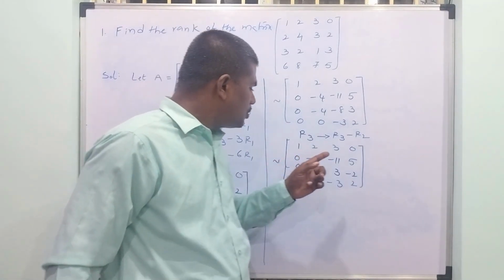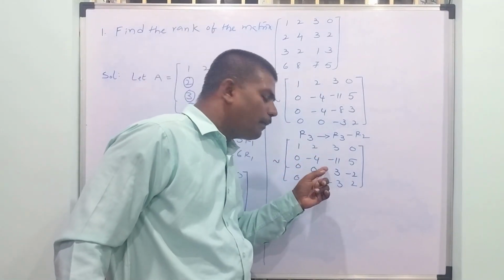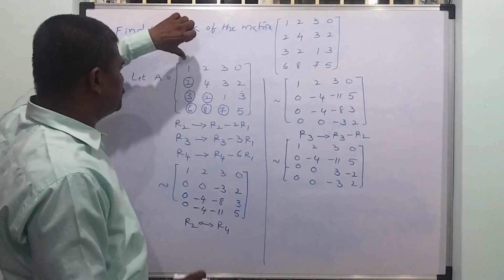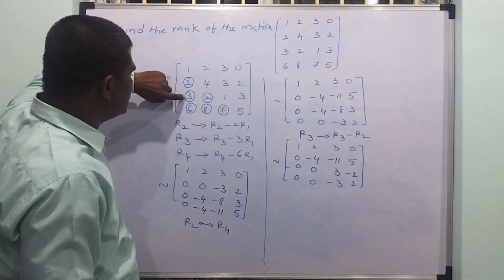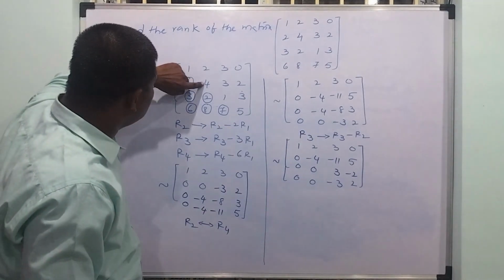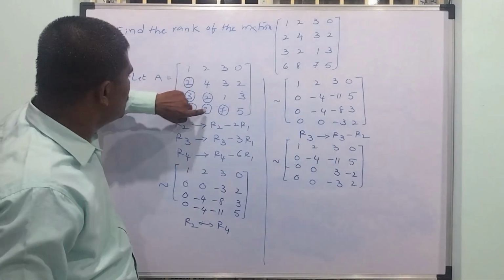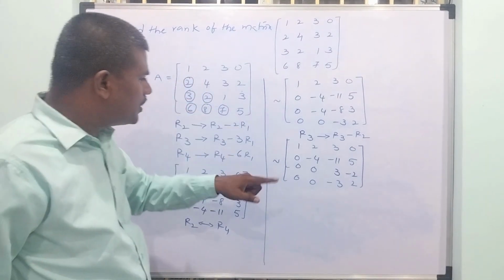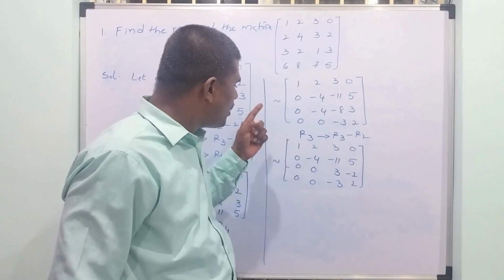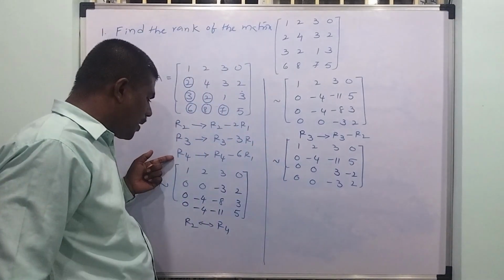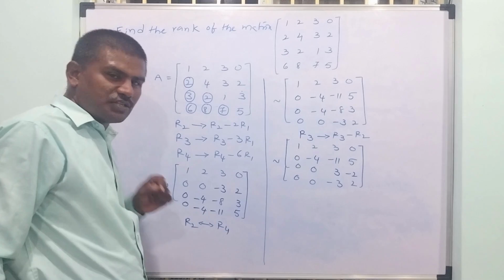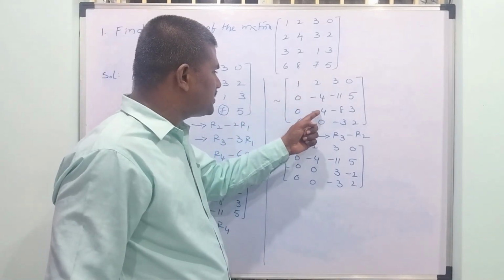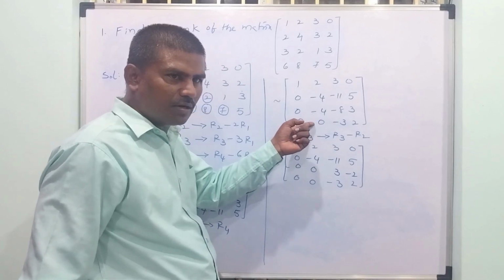Now you have to make this element as 0 by using this one. This is the procedure I have already explained: use the first element and make these three elements as 0, use this element and make these two elements as 0, and use this element and make this one as 0. So here we have already made these three elements 0, and this element is already 0.